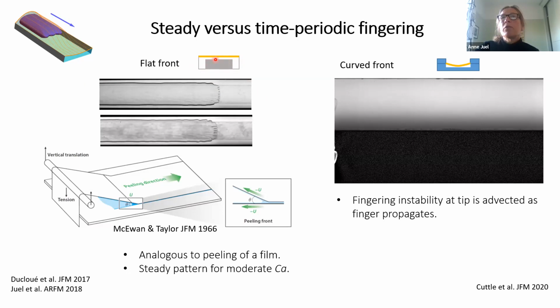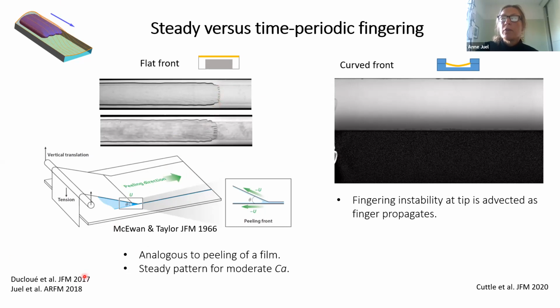Here, if we put quite a large obstacle and make a thin channel with large ditches on each side, then we can create something very close to a flat front in the center of the channel. And then we get these stubby fingers that are propagating steadily along the propagation direction. So a front with these steady small fingers.